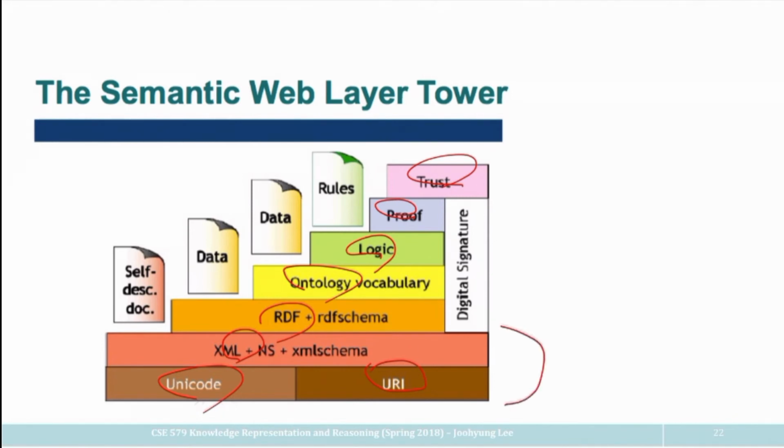And around this layer, when it was actually being done, it got distracted, because research doesn't always work as planned, right? It turns out that the ontology layer was hard to debate.